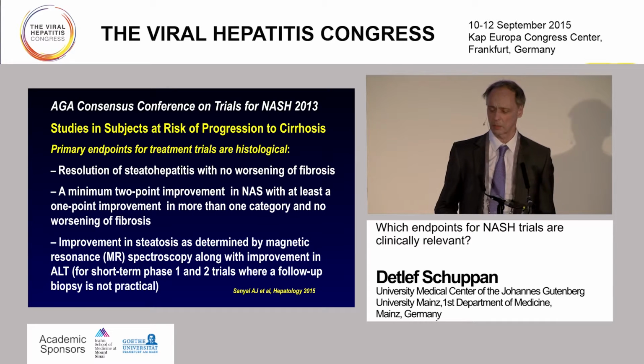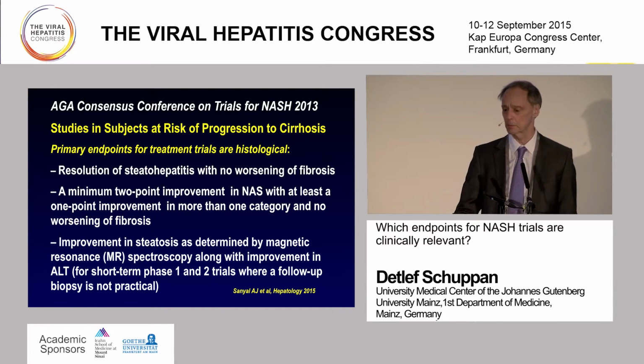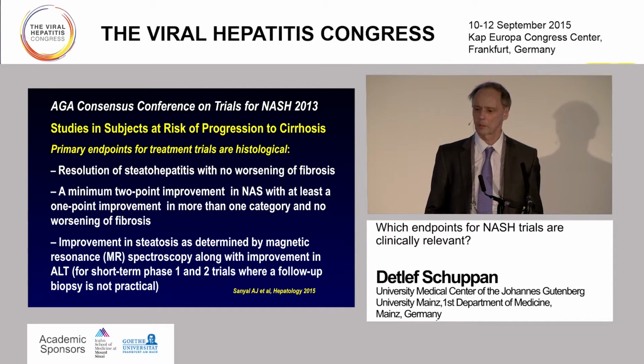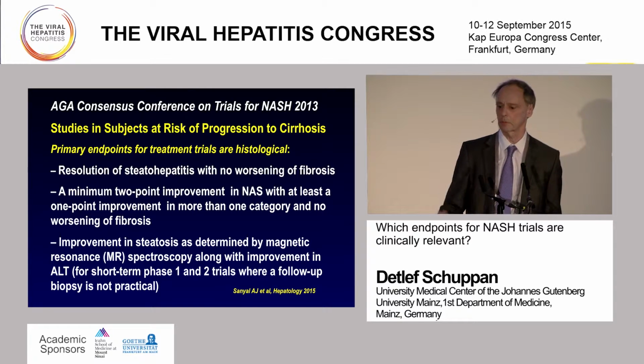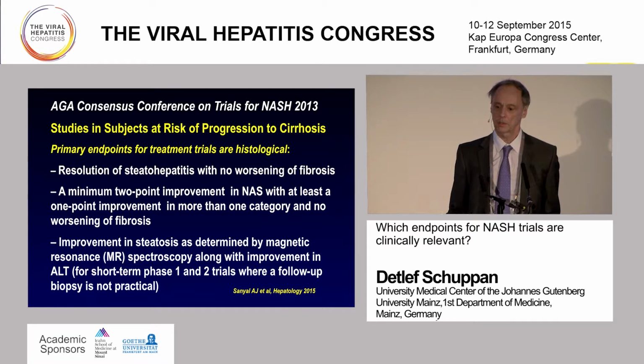So if we recur to the endpoints conference that was held in 2013, which is summarized in this paper in Hepatology, currently, the consensus on clinical trials is that we still need histology as the major endpoint, although we want to get away from that for good reasons. And the major endpoint, of course, is, as we have heard in several studies mentioned, the resolution of steatohepatitis with no worsening of fibrosis and a minimum 2-point improvement in the NASH score.